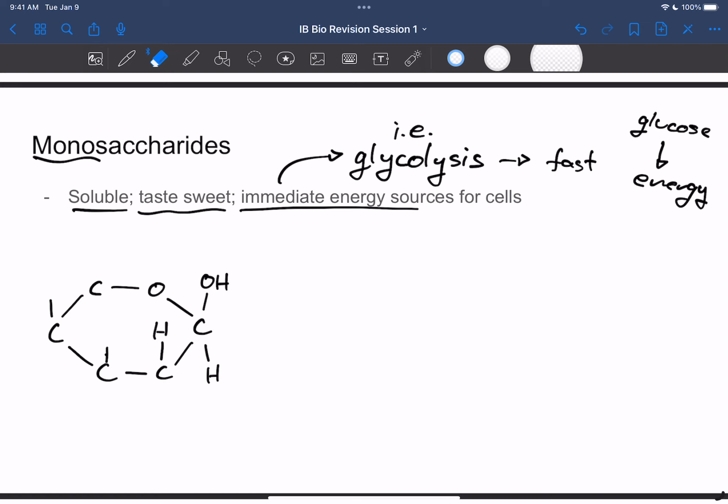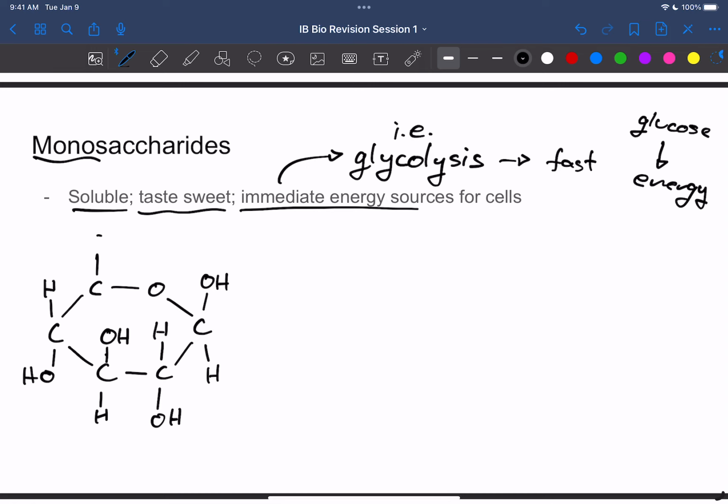This is the most non-condensed structure of glucose, and the numbering goes like this.